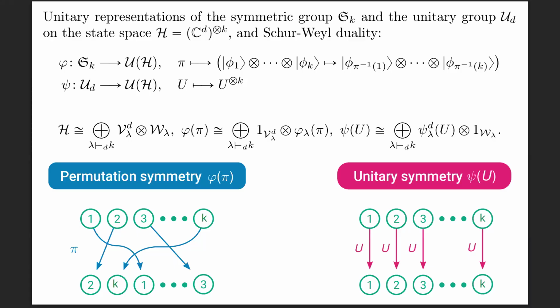And you can decompose the Hilbert space as a direct sum of an irreducible representation of the K-fold unitaries tensored with an irreducible representation of the permutations. And so it has this kind of nice decomposition structure. And you know that the K-fold unitaries on each of these blocks are only acting on the unitary irrep. Conversely, the K-fold permutations are only acting on the permutation irreps.